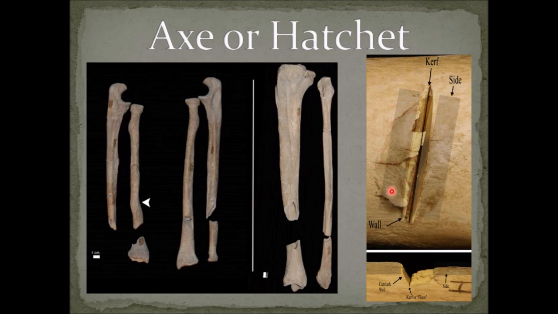This is lifted out, or you'll see it broken away. So you have a clean cut here, part of a clean cut here, and then it breaks away the bone. That's from the twisting action of trying to remove the blade and go in for your second hit. Okay?